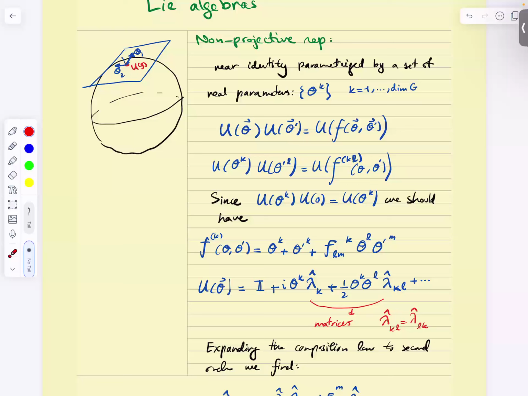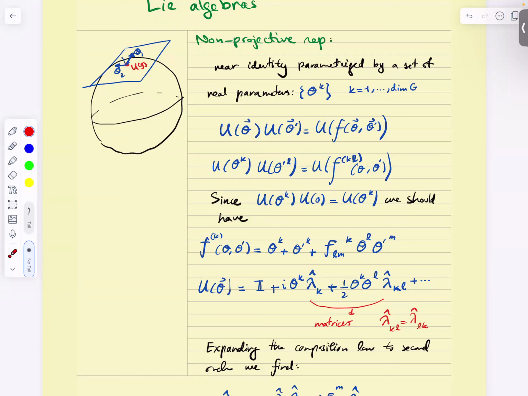I'm basically expanding the exponential, but I haven't derived the exponential for you yet. I'm just saying that there is a matrix. You see, the group is continuous. Maybe I should have said this: the representation would also be continuous. So when I do a small deformation in the group, I can expand my representation in small parameters.